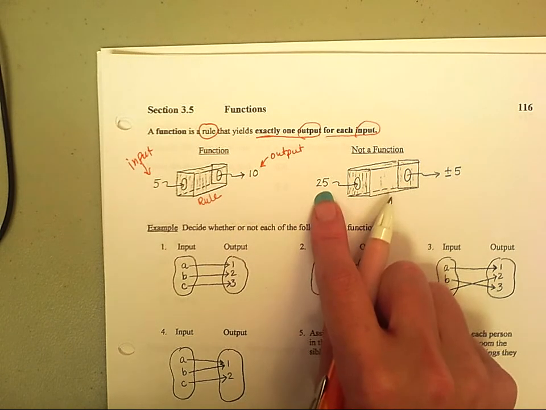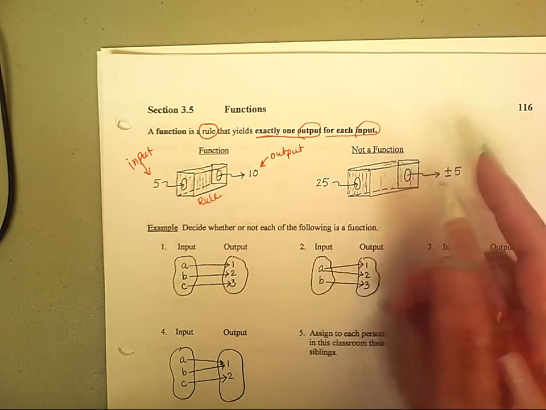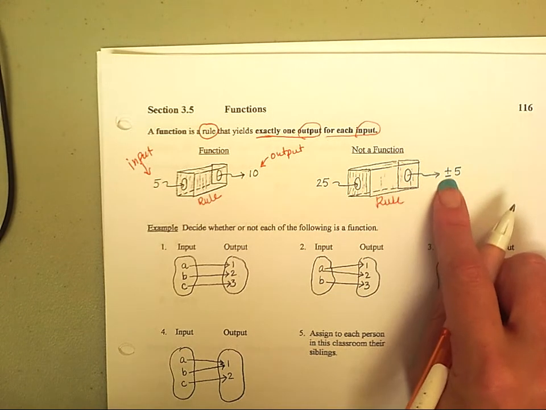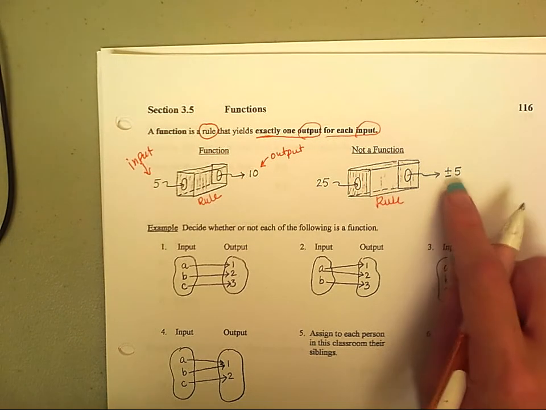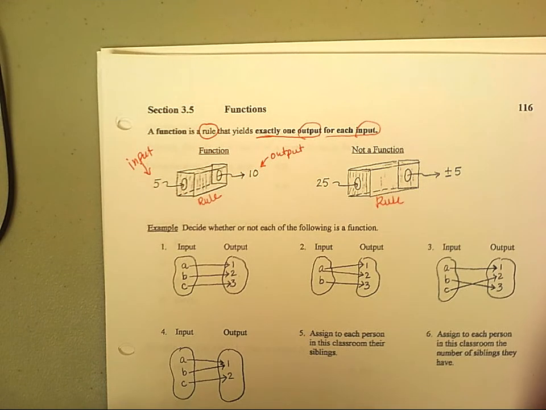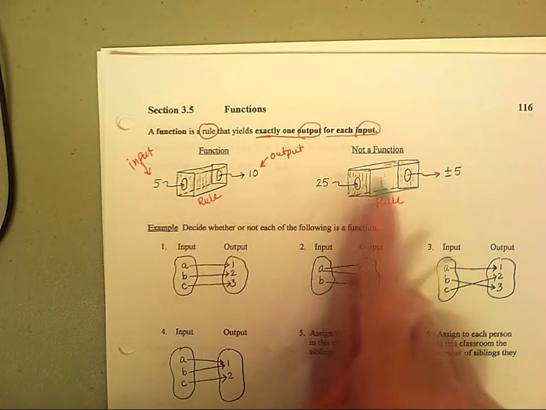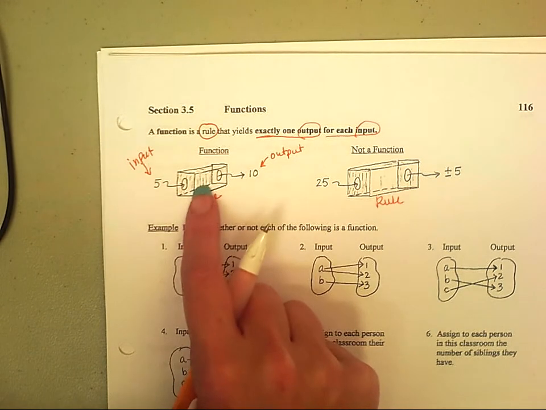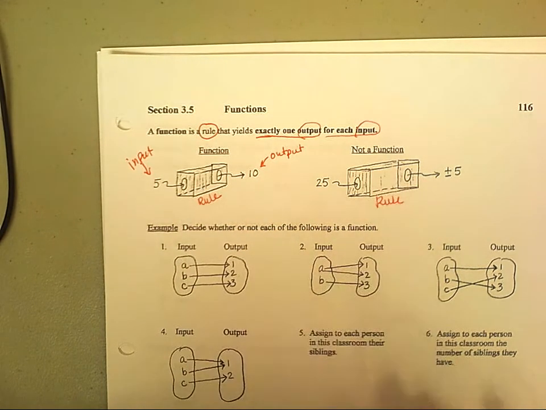Now, what would not be a function is, say, if you put 25 in, it goes through the rule, and when you're done, what comes out is plus or minus 5. This is two different values, so this is not a function. But it's often tedious to draw a box, and it doesn't tell us a lot.